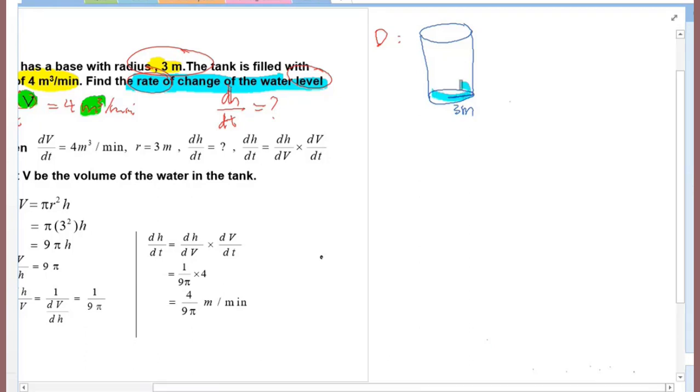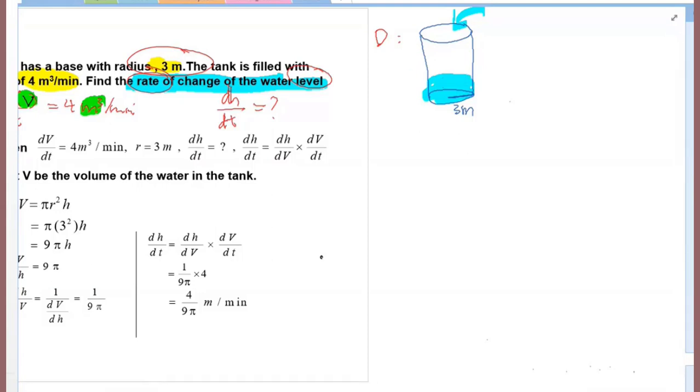Say water is filled in. Of course the level of the water is increasing, so H, the small H, increases.